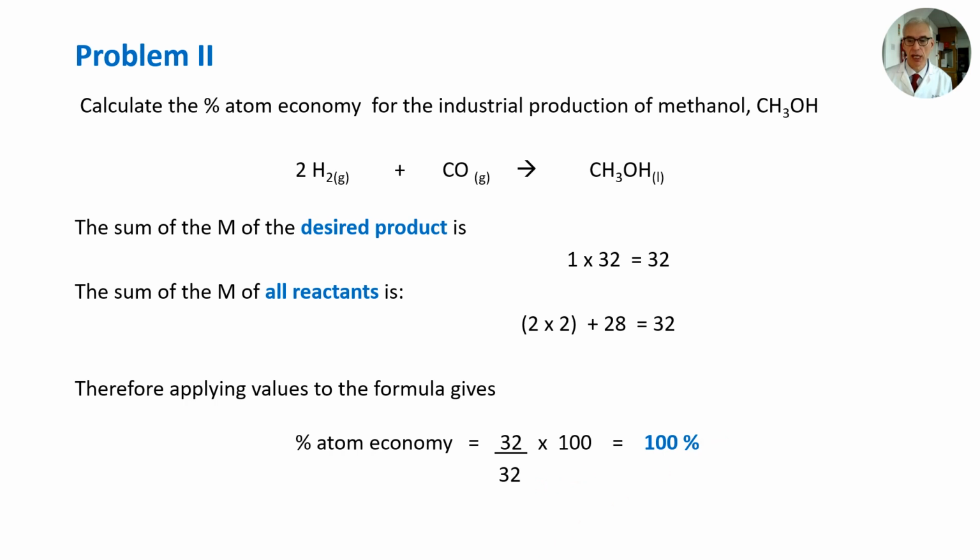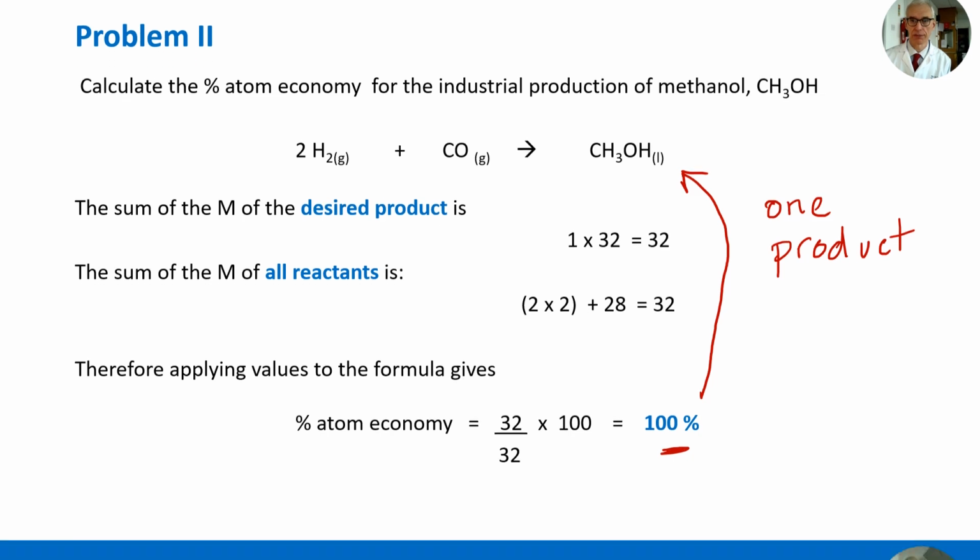So some of you may have spotted it initially. If you've got one product, it must follow that the atom economy is 100%. So that will always be the case.